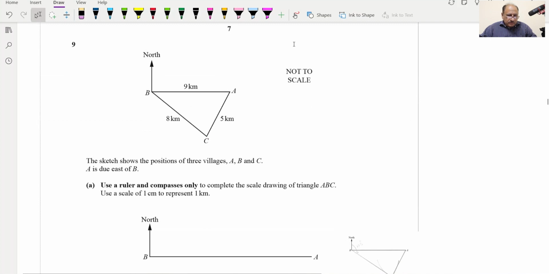Now question number 9, a diagram is provided which is not to scale. The sketch shows the positions of the villages A, B, C. A is due east of B, so due east of B means this angle is 90 degrees. Next is part A. Use a ruler and compasses only to complete the scale drawing of triangle ABC.